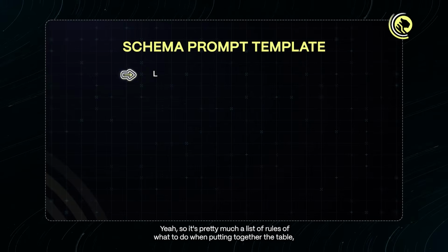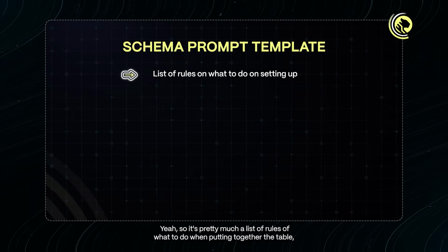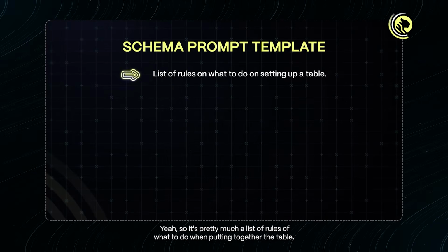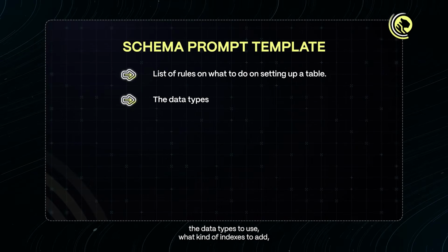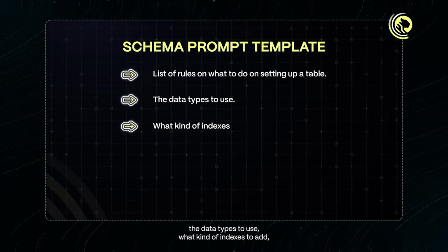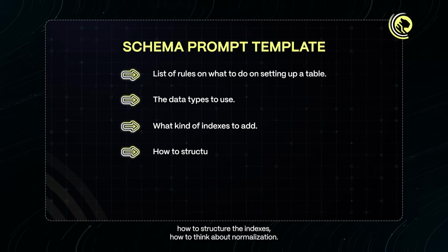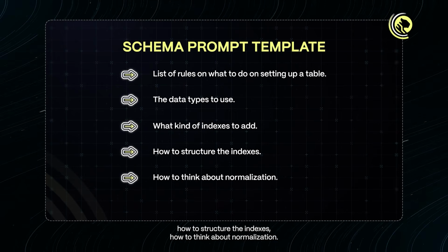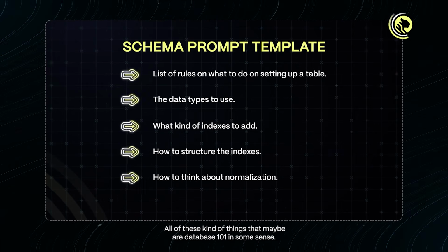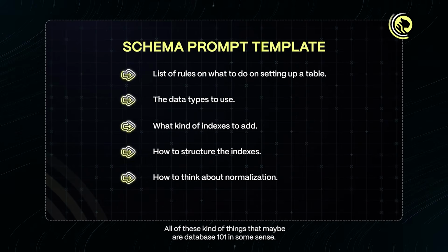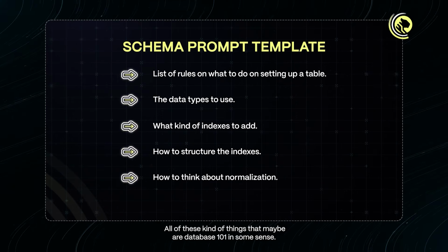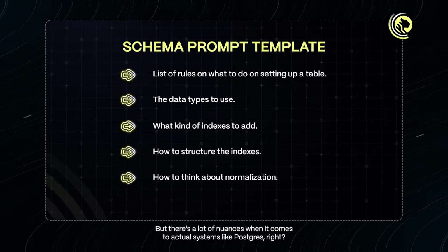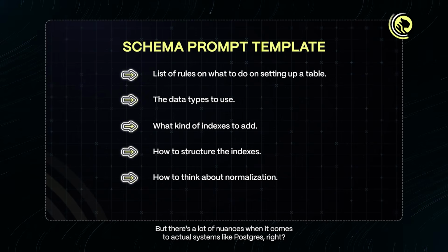Yeah, so it's pretty much a list of rules of what to do when putting together a table. The data types to use, what kind of indexes to add, how to structure the indexes, how to think about normalization. All of these things that maybe are database 101 in some sense, but there's a lot of nuances when it comes to actual systems like Postgres, right?